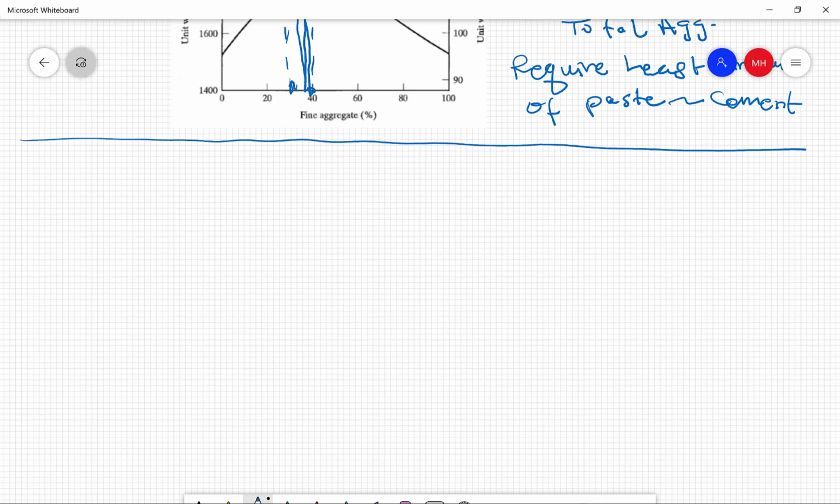If you remember, we talked about determination of moisture content based on the oven dry moisture state, expressing quantities on an oven dry basis, like the absorption, effective absorption, and surface moisture.